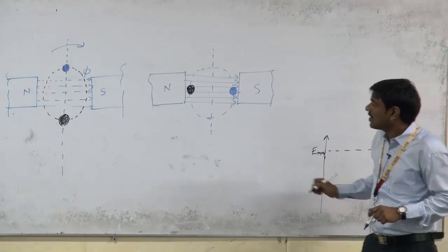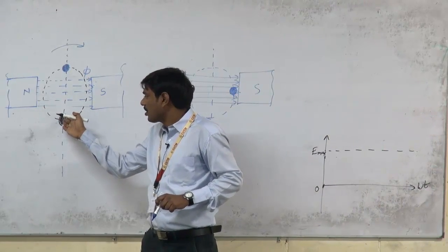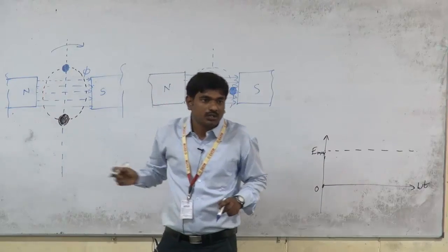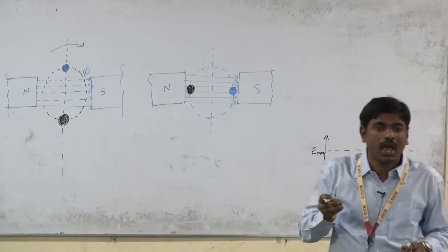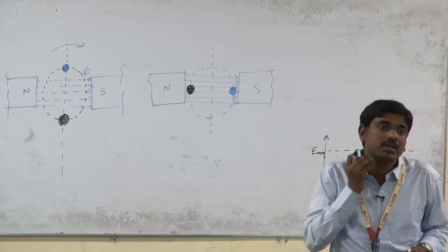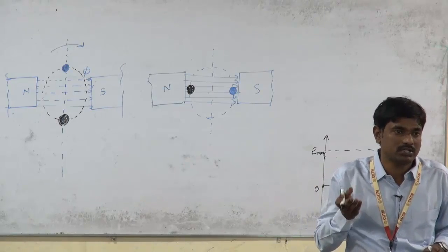Okay. So when the bottom conductor is cutting the magnetic field from downwards to upwards, the effect of magnetic field gradually increases. So as the effect is increasing, the amount of EMF induced in the conductor increases. Okay.